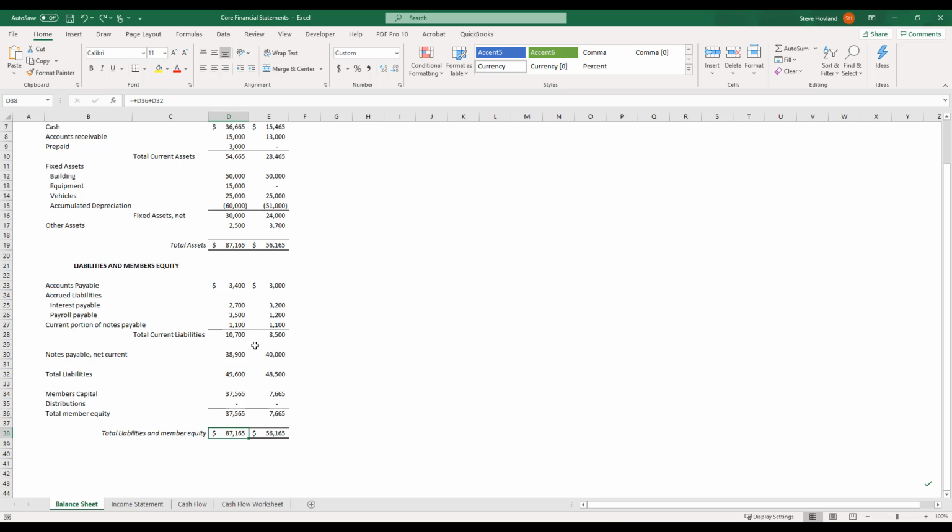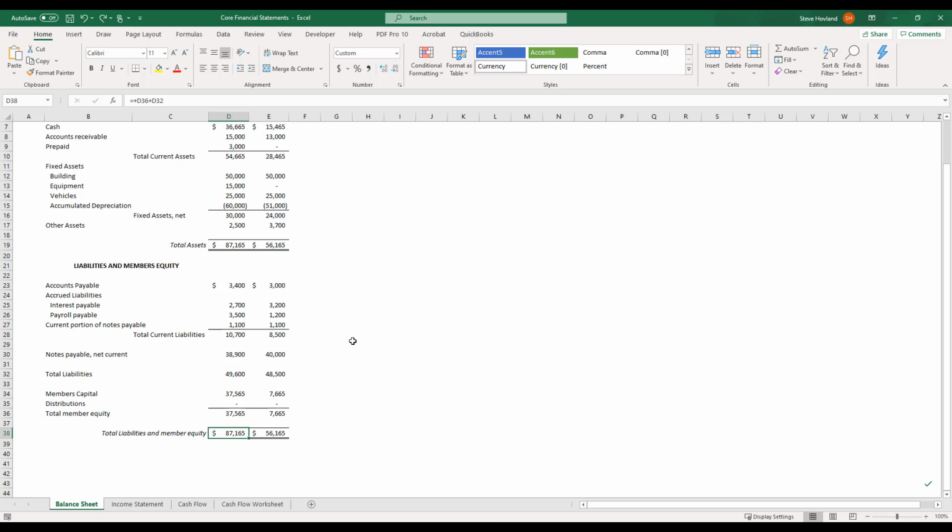Now, one thing that I built into the spreadsheet is some conditional formatting. Remember how I told you I once looked at a balance sheet that came from a CPA firm that didn't even balance? Well, if they had put this simple little conditional formatting in it, they would have caught it.